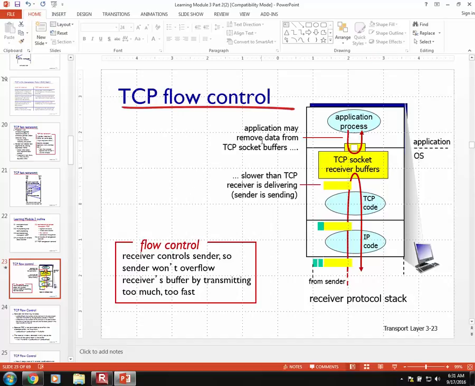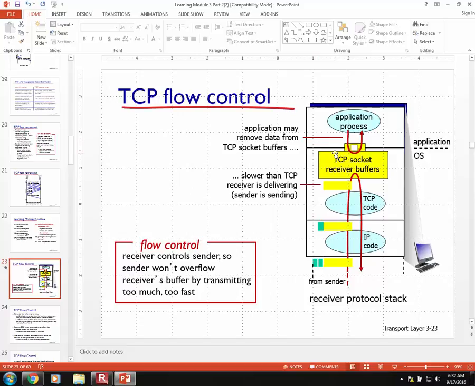So it can be a situation where maybe the application has a lot of processing and it is removing data from the buffer slower than the sender is sending.